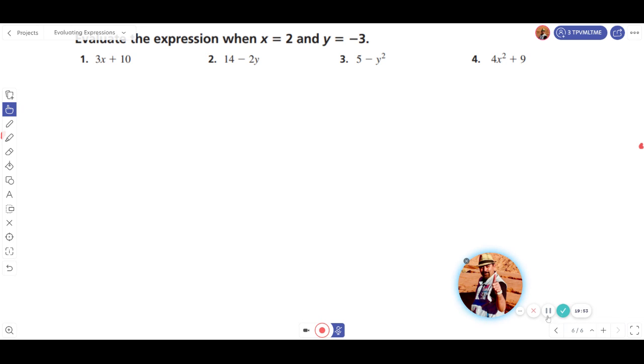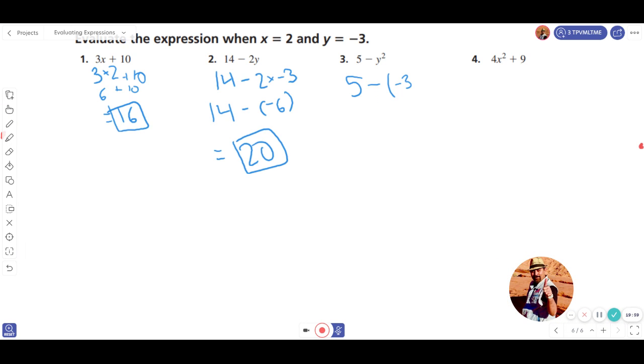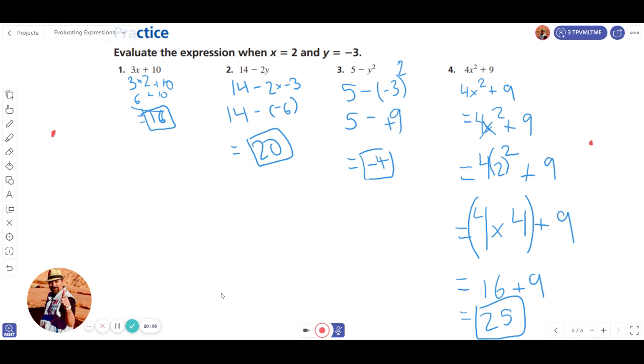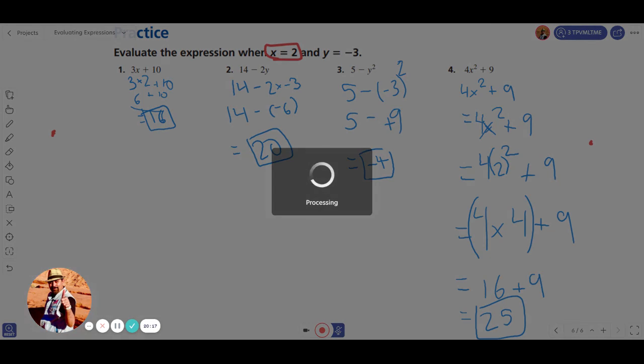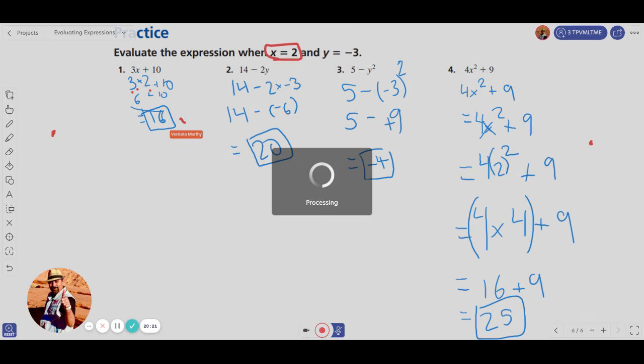You may pause the video and continue working on this. Well, the first question is, when you plug in the value of x equals 2, 3 times 2 gives you 6, then 6 plus 10 is 16.